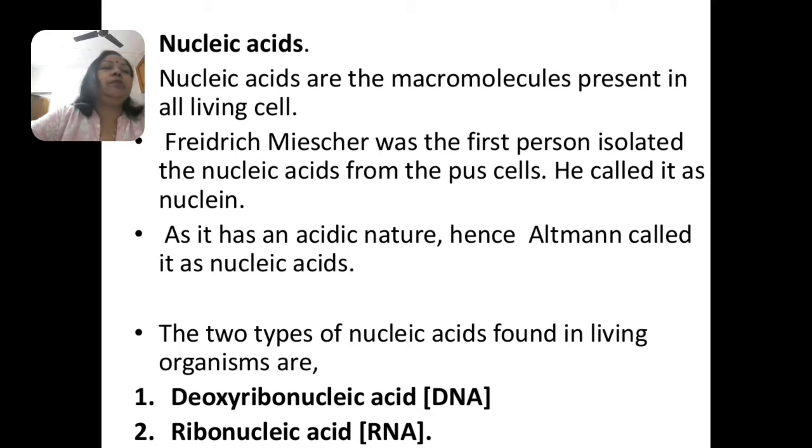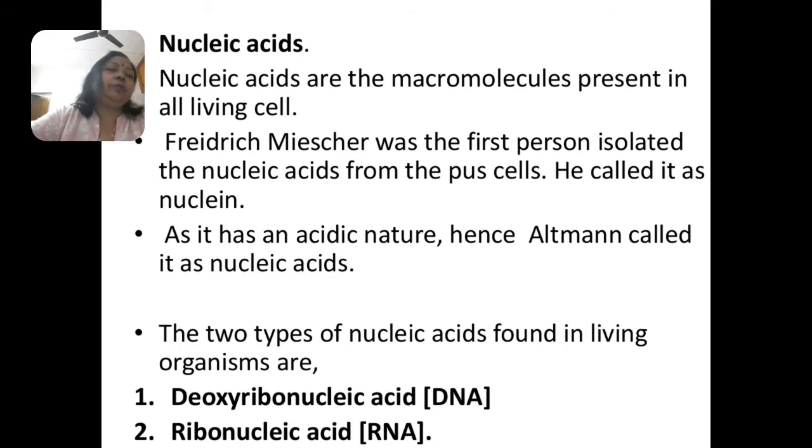Friedrich Miescher was the first person who isolated the nucleic acid from the human pus cell. He called these acids nuclein. As it has an acidic nature, the scientist Altman later called it nucleic acid.